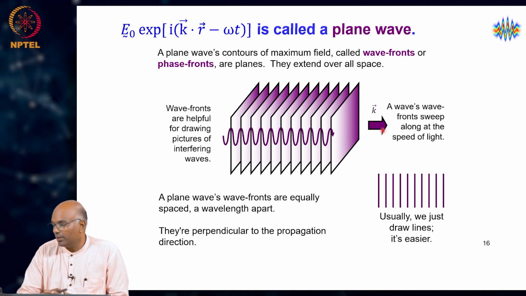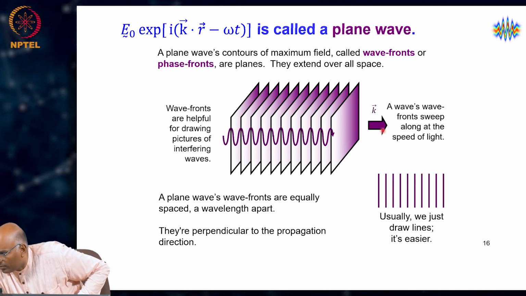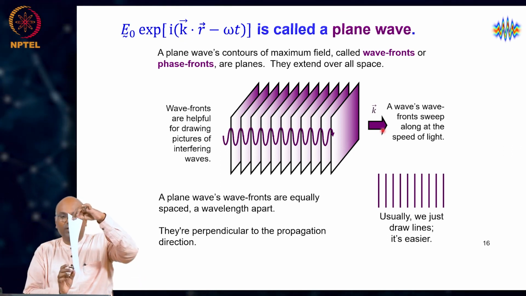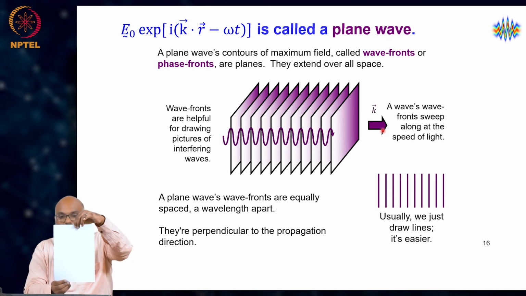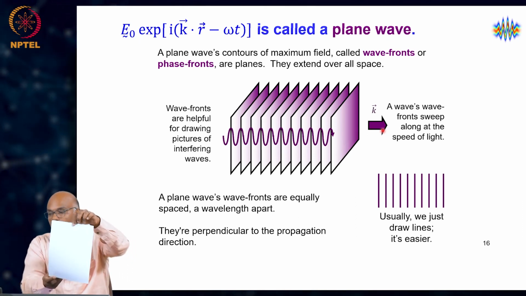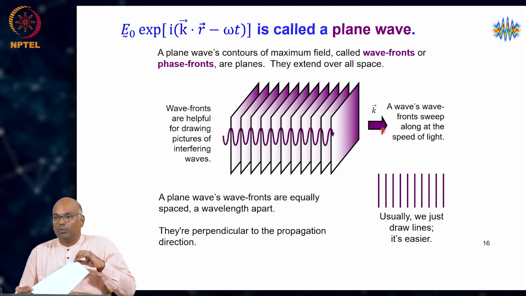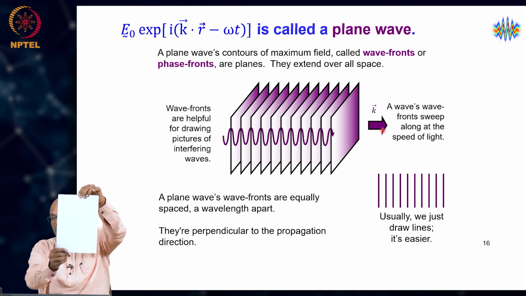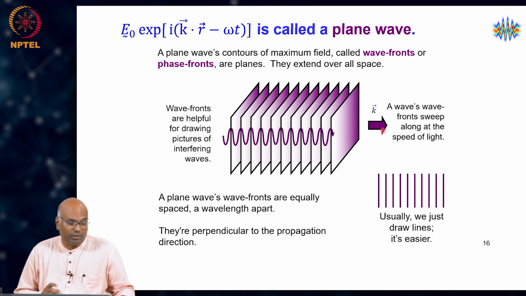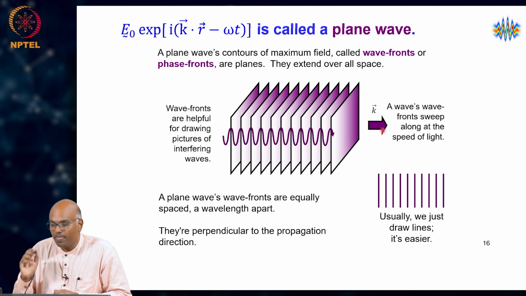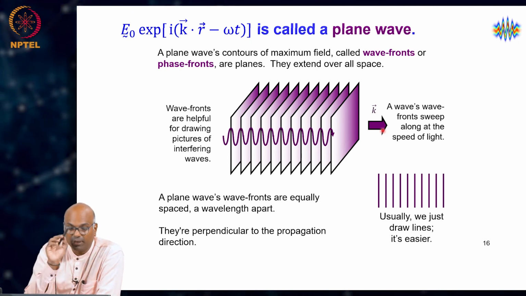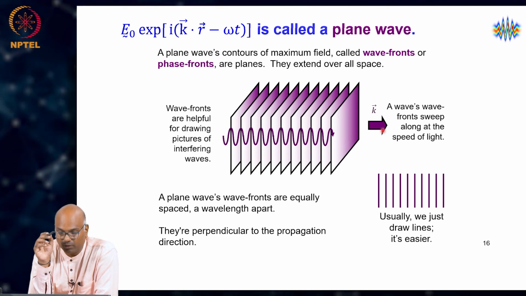So, the phase front simply moves towards you if the k vector were to be pointing towards the audience that is sitting in front of me over here, or the audience that is viewing into the camera. So, the k vector now has a very nice physical meaning. It is the propagation vector, it defines the direction of propagation of the wave, it is perpendicular to the wave front or the phase front.